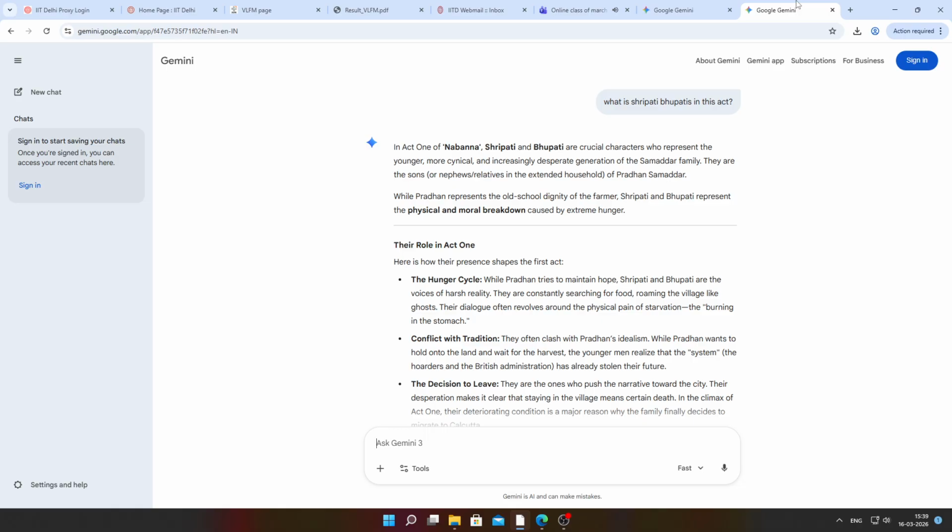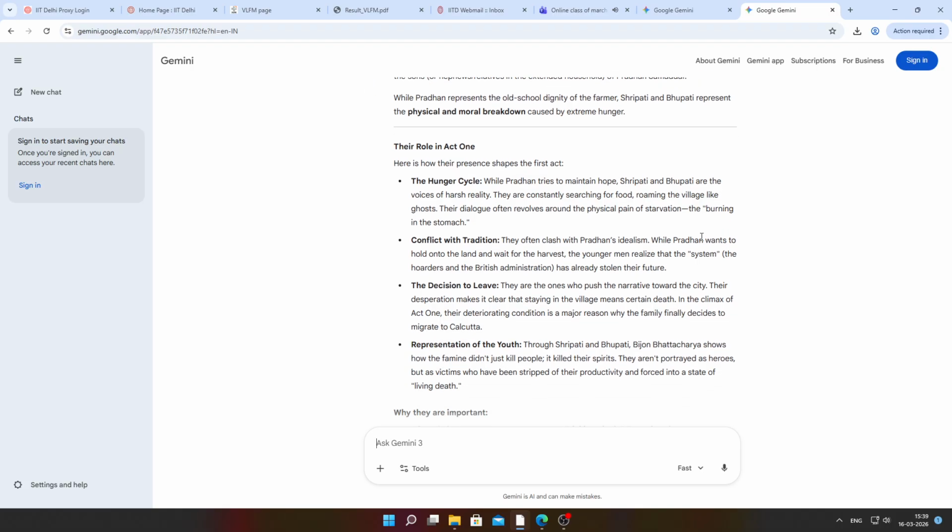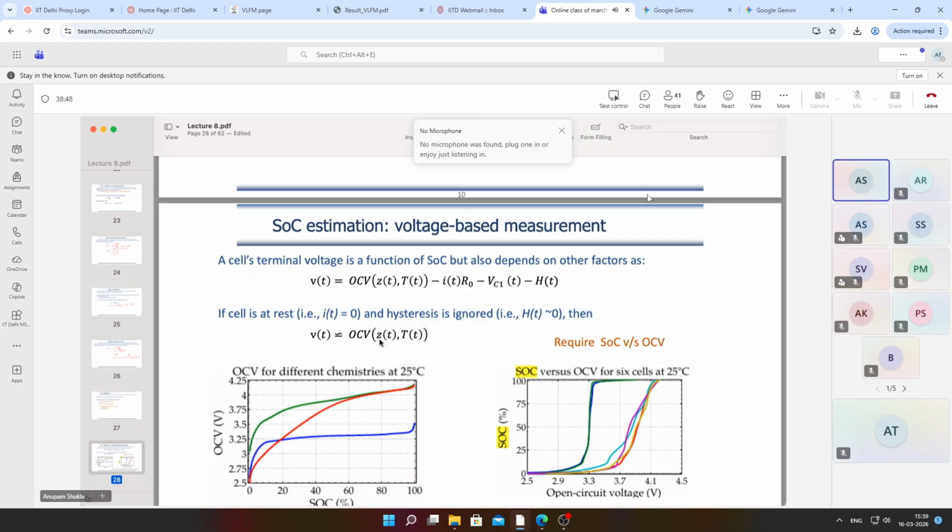So all these three elements will go to zero if we are talking about a cell which has been at rest for some time, which means that current has stopped for some time. Then we have a simple relation that the terminal voltage is basically OCV, and OCV depends on the state of charge and the temperature.